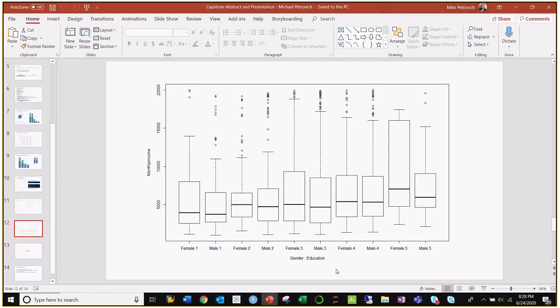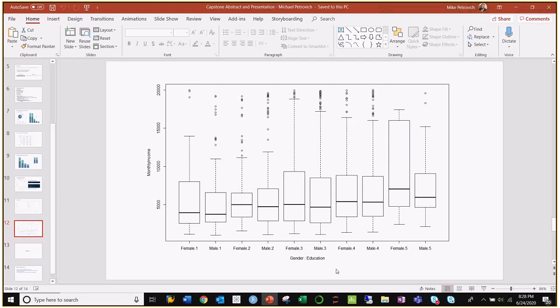Okay, so looking at further exploring the question of education, right? Because we noticed that education level 5 was a lot higher for females than it was for males. When we plot that here, if we go all the way to the right and we look at female and male 0.5, which just means education level 5, what we notice is that there is more of a spread with female PhDs on monthly income than there is in males.